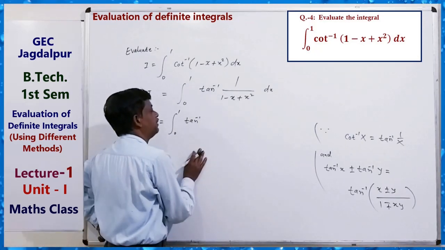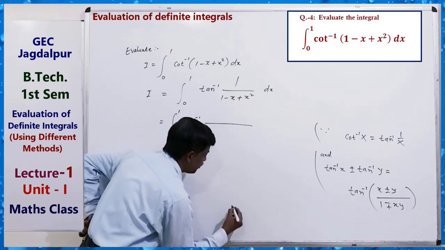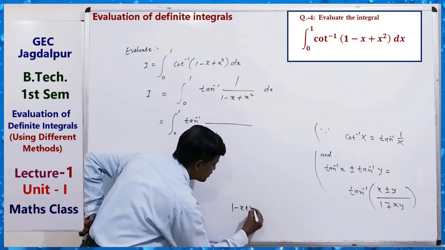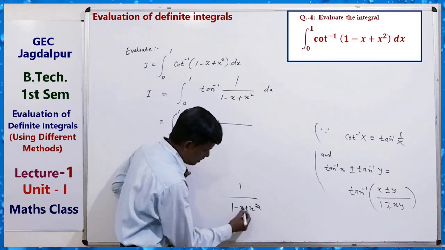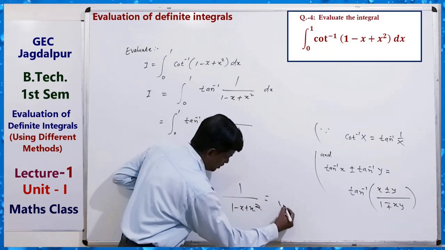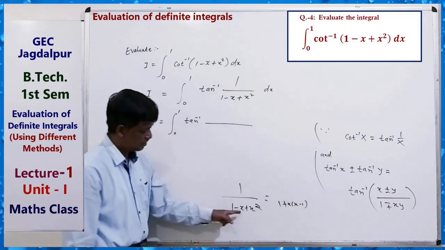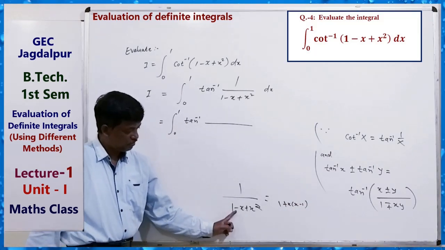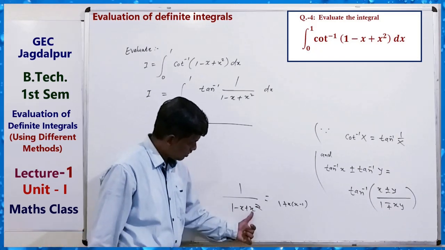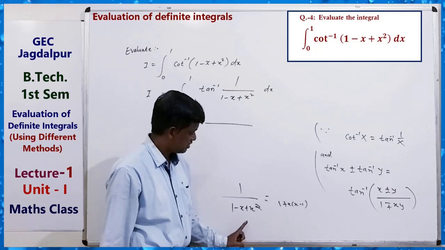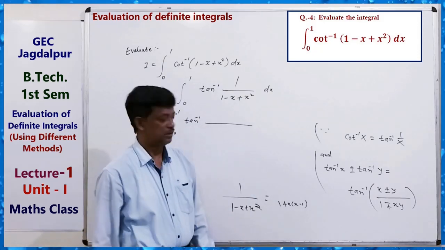Here the denominator 1 minus x plus x square, as given, can be written as 1 plus x, common, so x minus x, x common, so x minus 1 in the denominator.